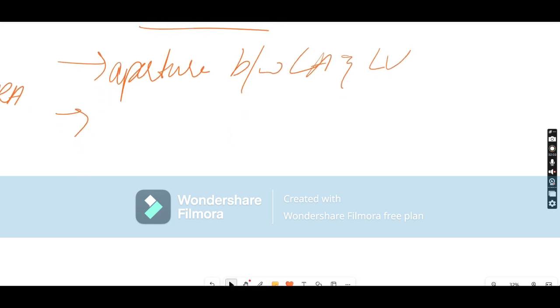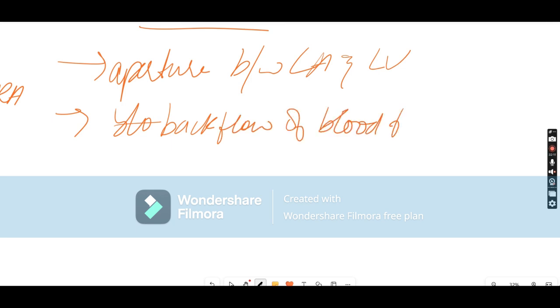And the function is to prevent the backflow of blood from left ventricle to left atrium.